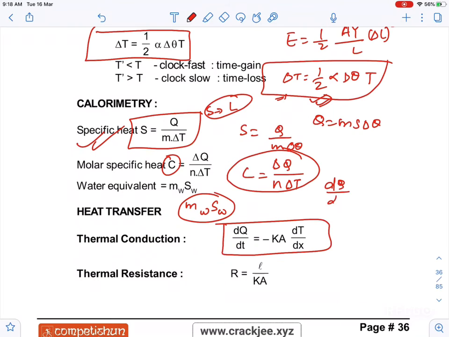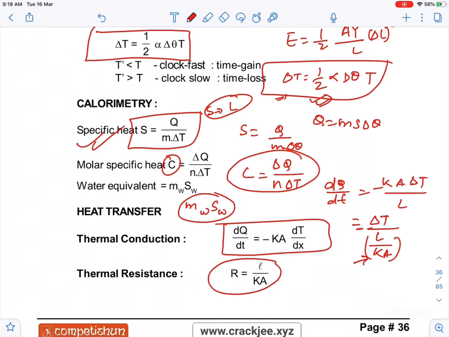This formula is very important, which is the thermal conduction formula. dQ by dt means heat current, I can say that is minus K A delta T by L. I can write this formula also, guys, as delta T divided by minus, I am taking here, L by KA.